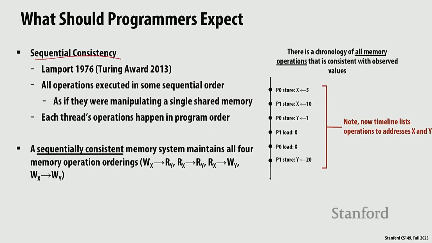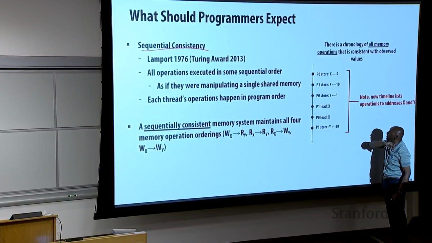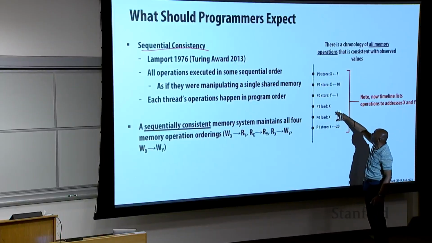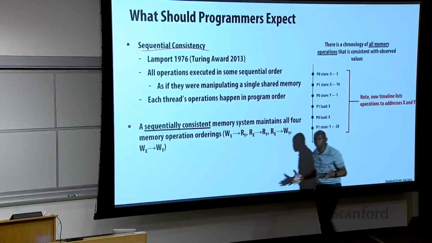That means that sequentially consistent systems maintain all four of the memory orderings that we just described: write to read, read to read, read to write, and write to write. So we've got this sequential global order, and notice that this diagram slightly changed from the coherence example in that we now have multiple addresses, X and Y, in the diagram, and there's some global order.